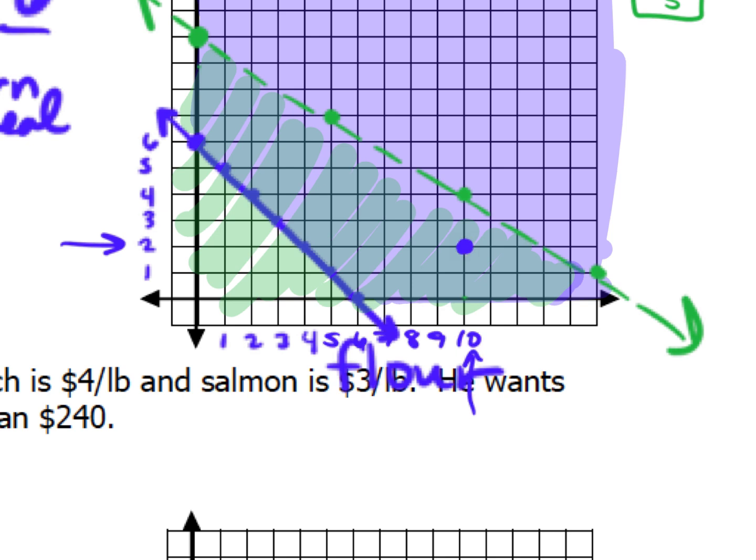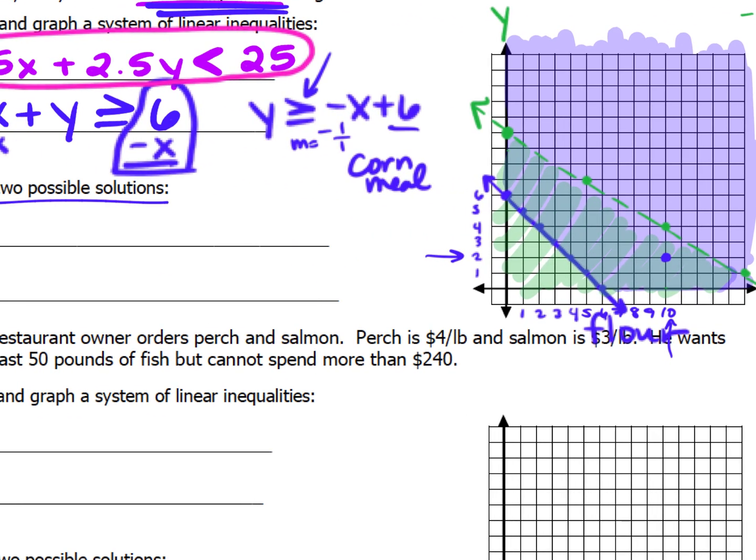What is that telling me? Because that point would be a solution, right? It falls in the in-between. What does that mean? 10 pounds of flour and 2 pounds of cornmeal. Okay, so that is one solution. 10 pounds of flour, 2 pounds of cornmeal.